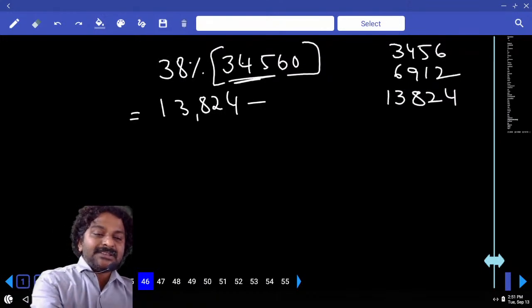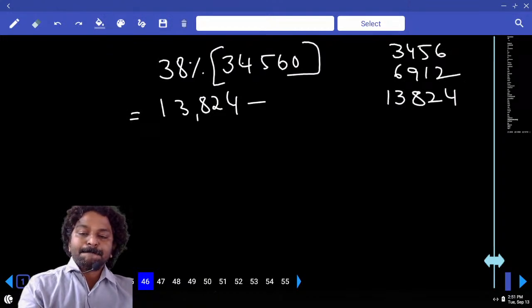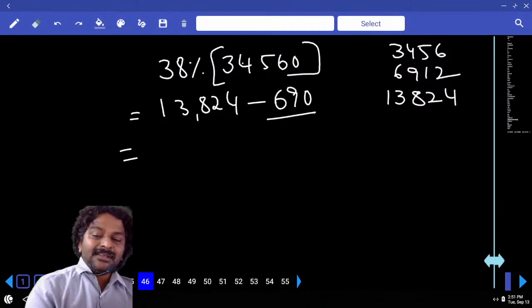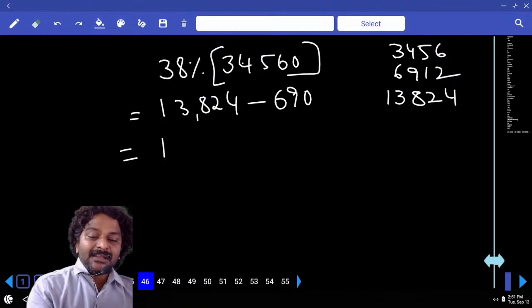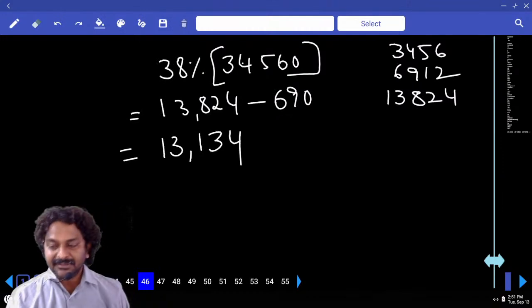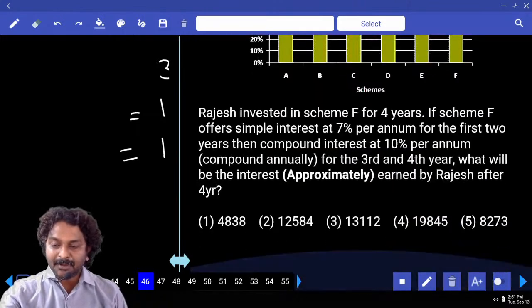How much is 1%? 345. 2%? 690. Approximately, can we subtract 700 and add 10? Subtract 700, 13,124. Add 10 more, 13,134. So 13,134 approximately.